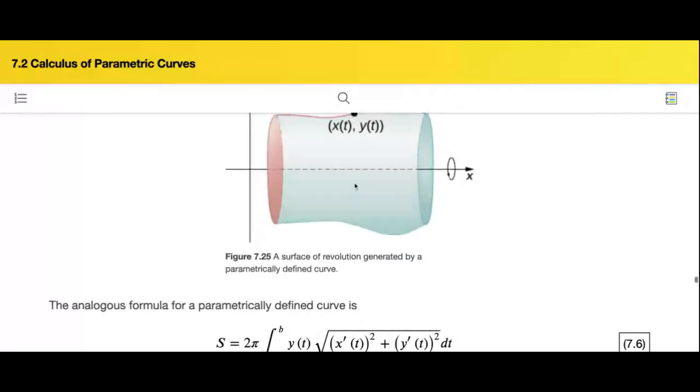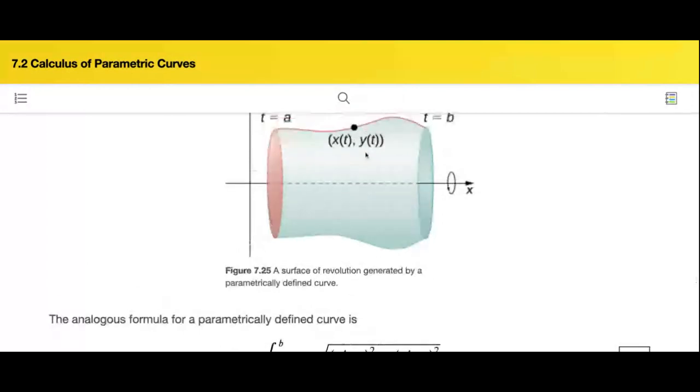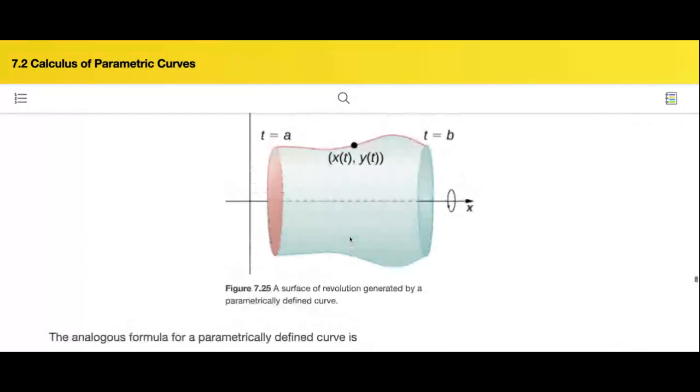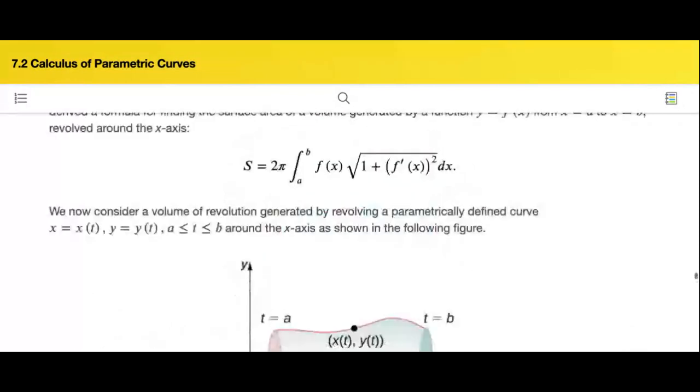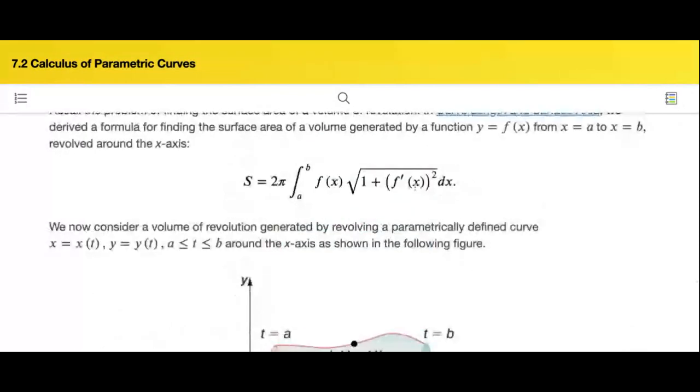As you can imagine, that's x comma f of x, exactly the same as before, just the notation is different. Remember f prime of x in parametric equations is dy/dx. What's dx in parametric equations? That's dx/dt, right?